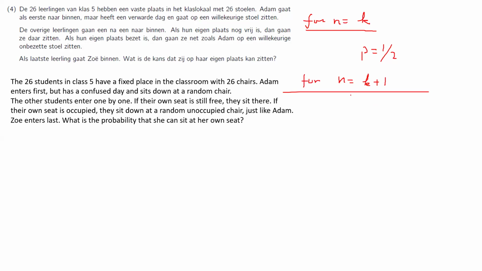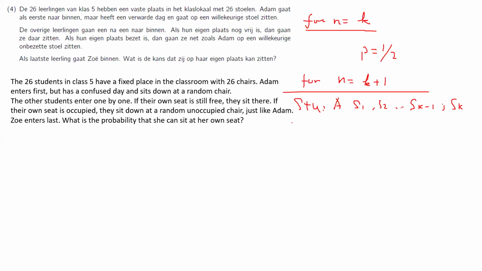So for n equal to k plus 1, we have students A, S1, S2, dot, dot, dot, S(k minus 1), and Sk. Okay, so in total, we have k plus 1 students.